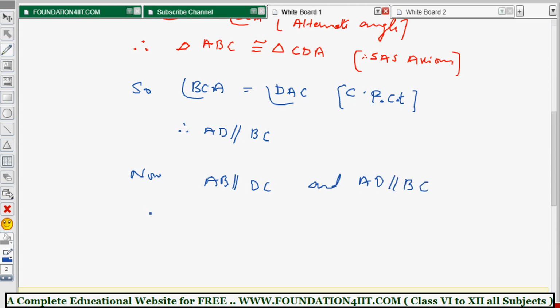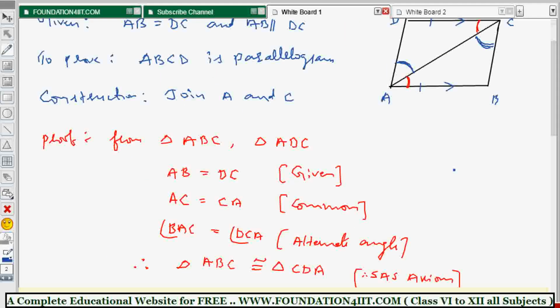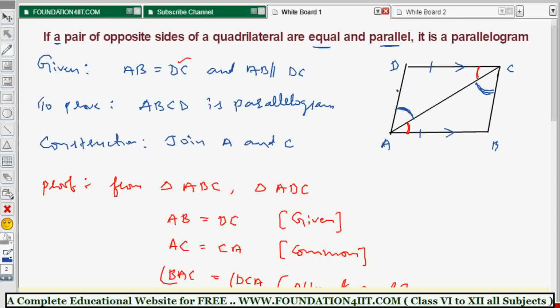So opposite sides are parallel, hence we can conclude that ABCD is a parallelogram. When opposite sides are parallel, it's a parallelogram, right? So we can say that.